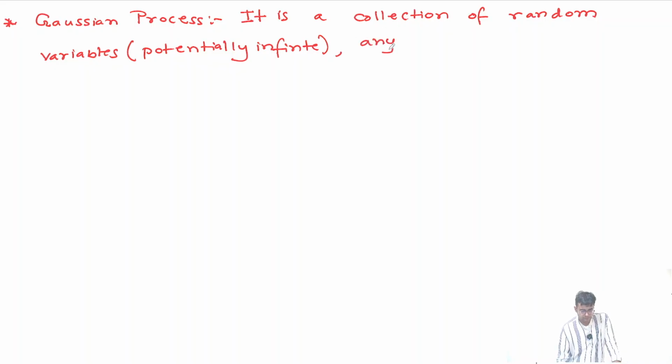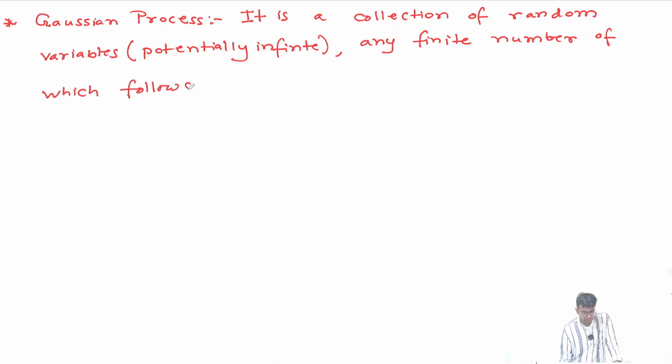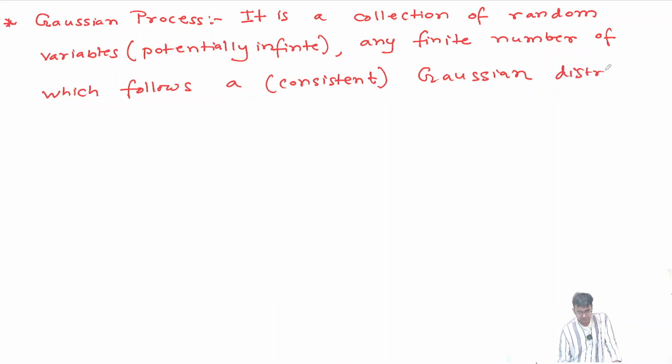Any finite number or set of which follows a consistent Gaussian distribution, right? This is the definition that we have been discussing for the last two lectures.